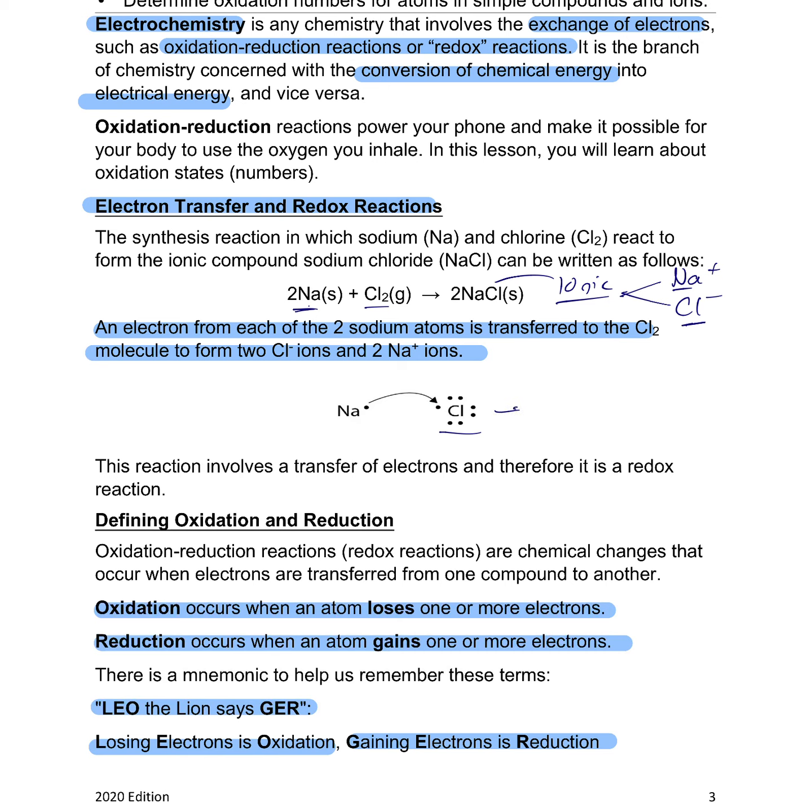So when we complete this transfer, we are left with a sodium with no extra electron, giving it a positive charge, and a chlorine with an extra electron, which means the chlorine will have a negative charge because it has one more electron than the number of protons that it has.